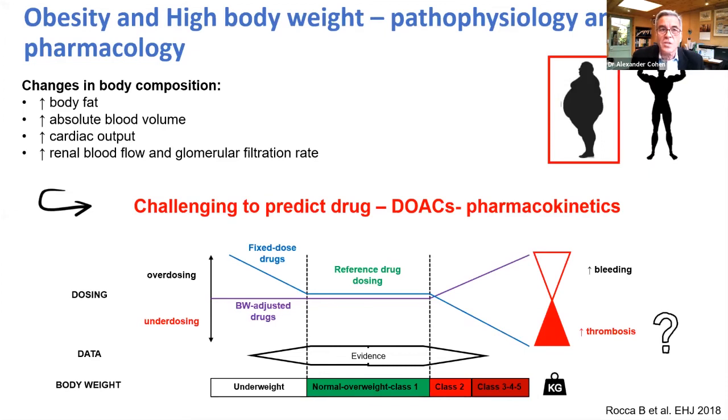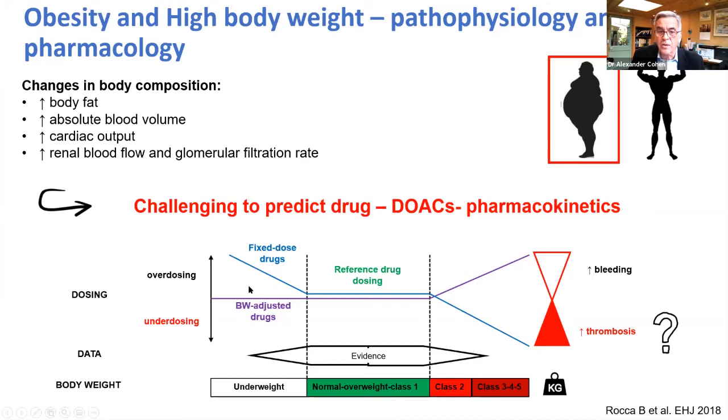So with obesity and high body weight, there's some pathophysiology and pharmacology to consider, as well as the epidemiology. If we look at people with obesity, with increased body fat, they have more blood volume, but so do high body weight people. They have more cardiac output. They have a higher GFR. The problem comes when we think about using fixed doses, and this is the speculation.